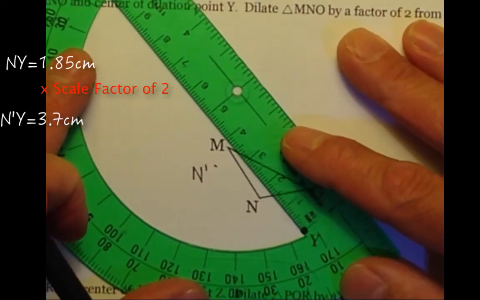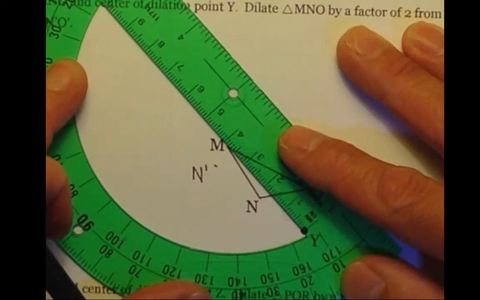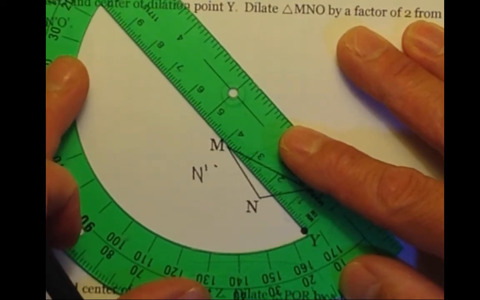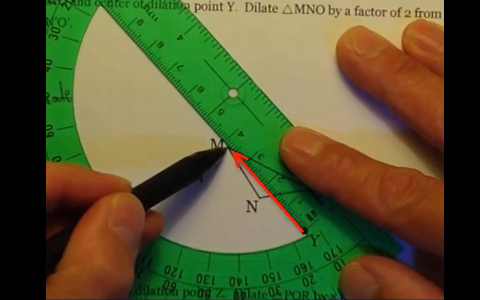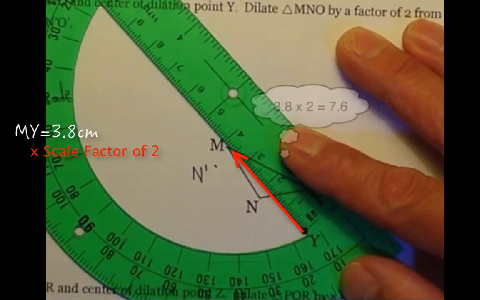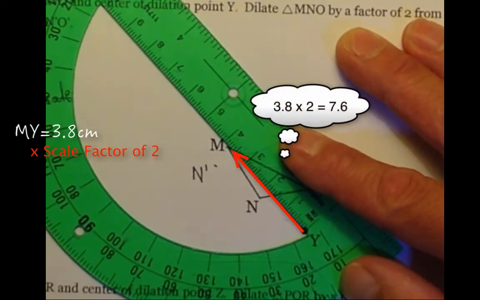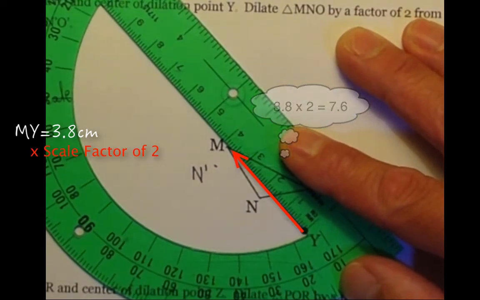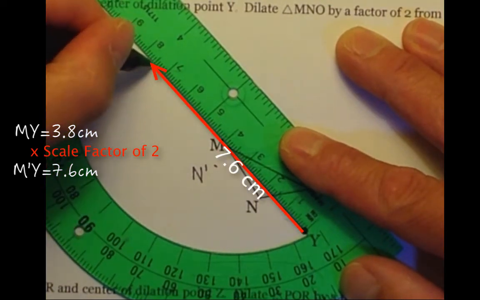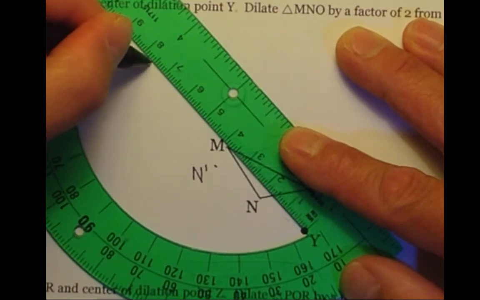And again, M to Y is looking like 3.8. So MY is 3.8. Double that, and that's going to get me the distance to M prime. And 3.8 times 2 is 7.6. So 7.6 gets me right there.